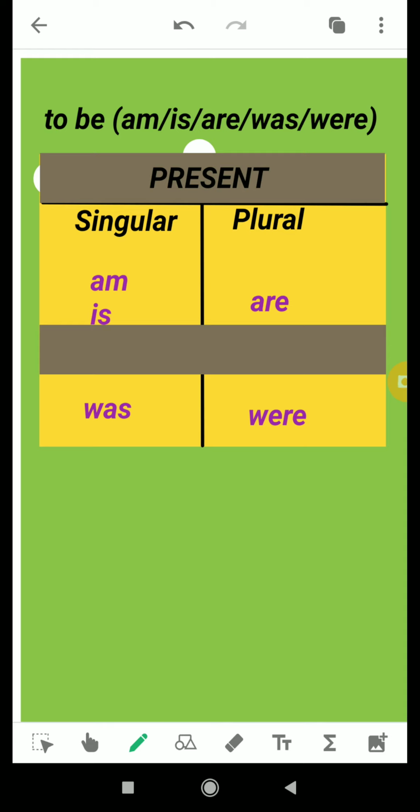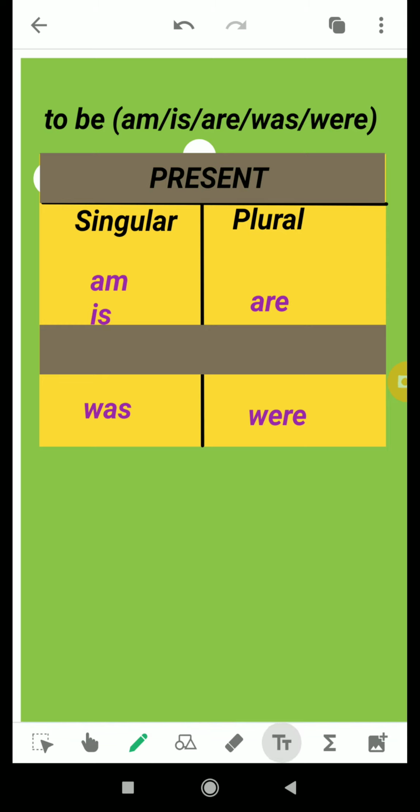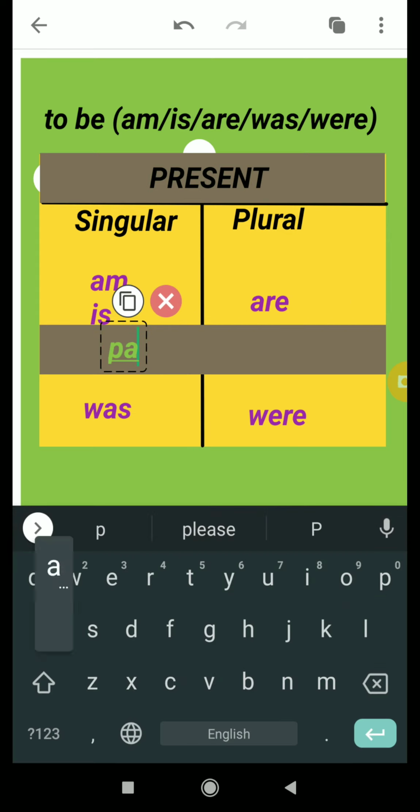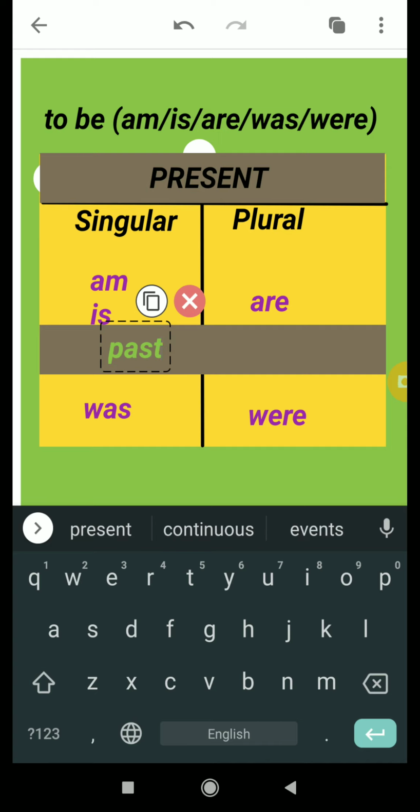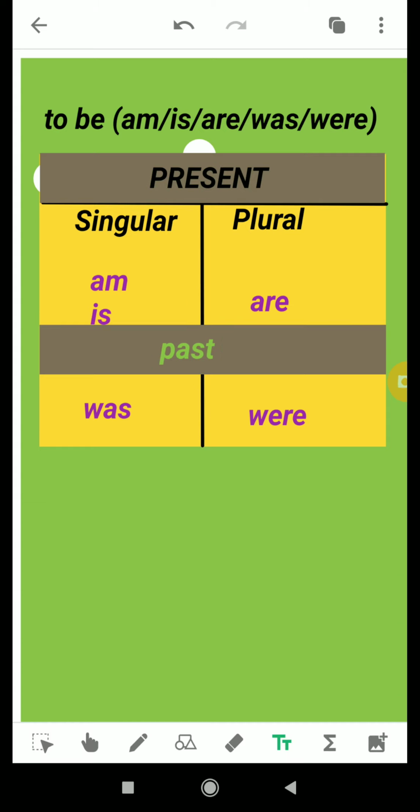So as we know, these verbs can be used in the present, and could be used in the past also. Sorry, I forgot to write past over here. Okay, so as we can see, am, is, are, was, were, these are the to be verbs.